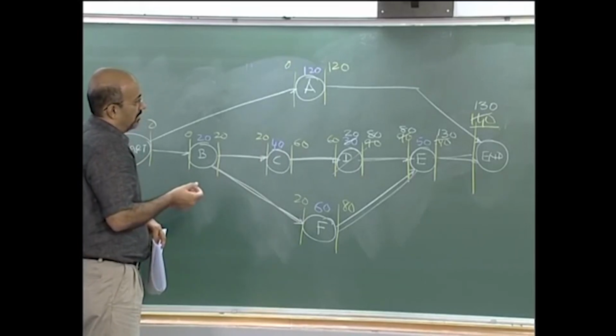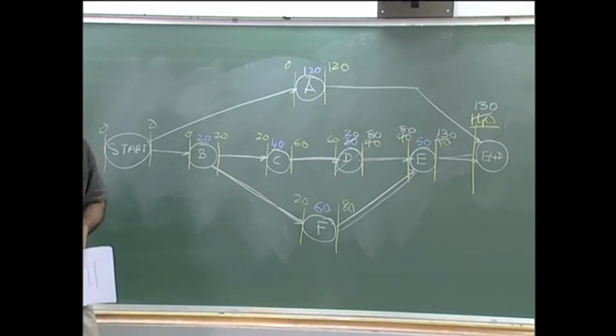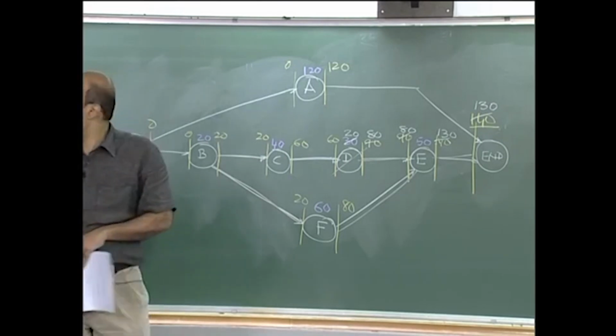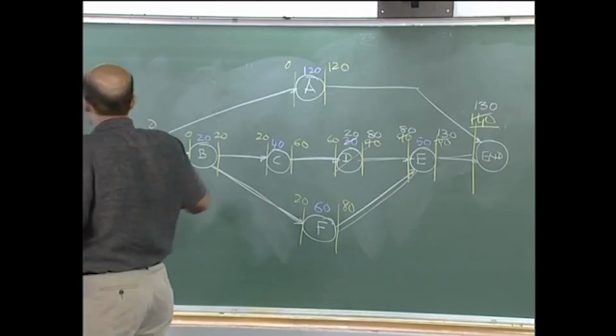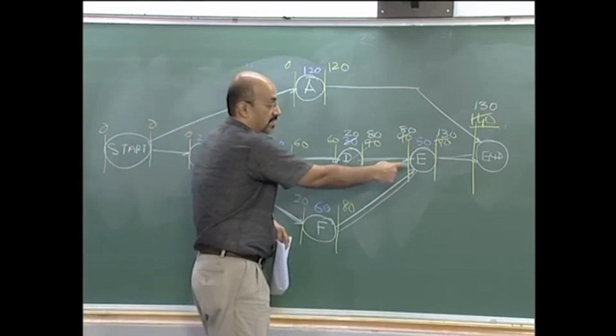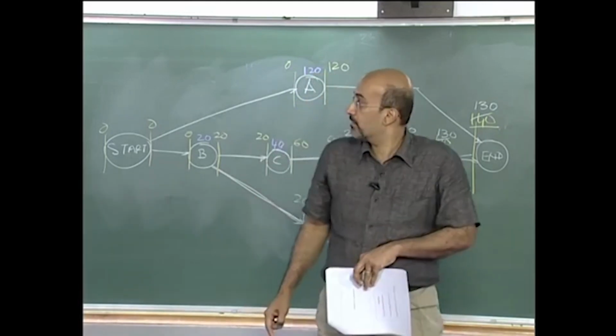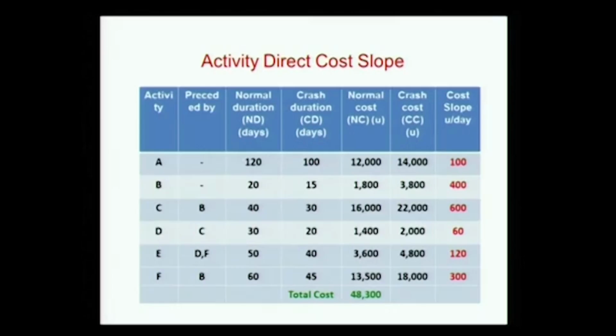If I take B, one of the advantages is it will pull both paths, because it is part of both paths, but right now B is 400. If I take C, I have to take C and F. Even if I take E, it will affect both paths. So my options are E at 120, B at 400, or C and F at 900.